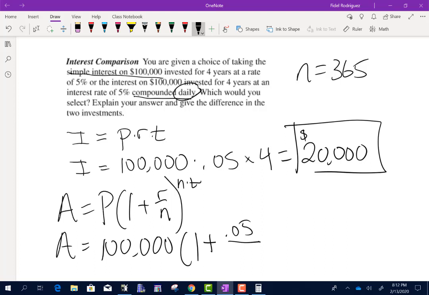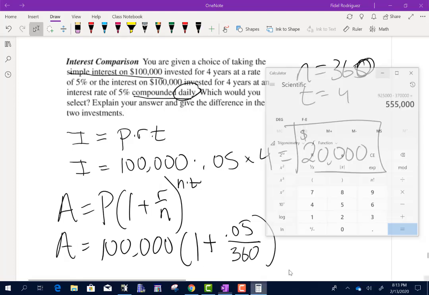You know what? It's not telling me. Let's go with 360 just to see, because of that banker's rule that we were using before. Okay, and then N times T. So my T here was still 4 years.